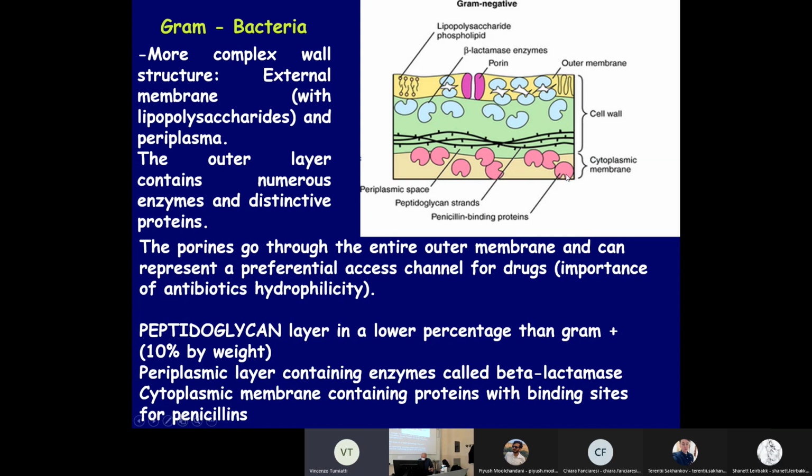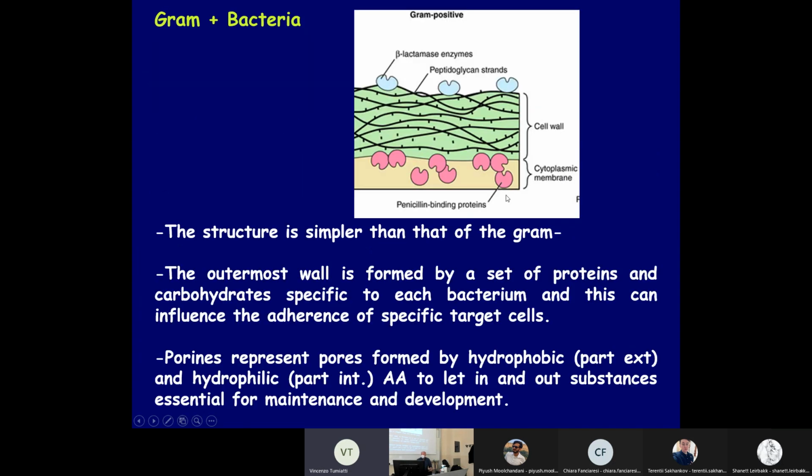You can see two important structures in this picture. The first one are the penicillin binding proteins, PBP. Penicillin binding proteins represent the target of particular antibiotics.